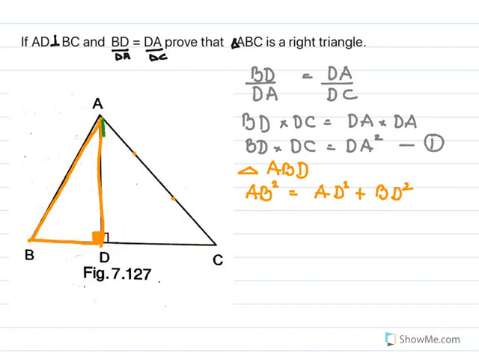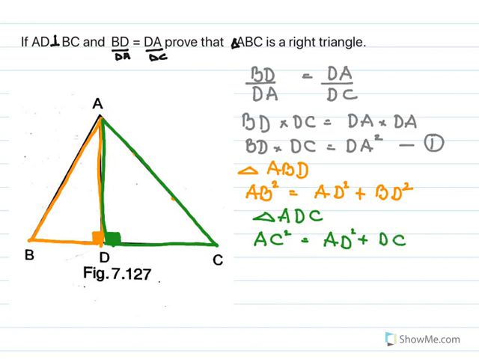Next we take up triangle ADC, and this is 90. So using Pythagoras theorem in triangle ADC, we have AC square equal to AD square plus DC square. So this is equation 3 and equation 4.